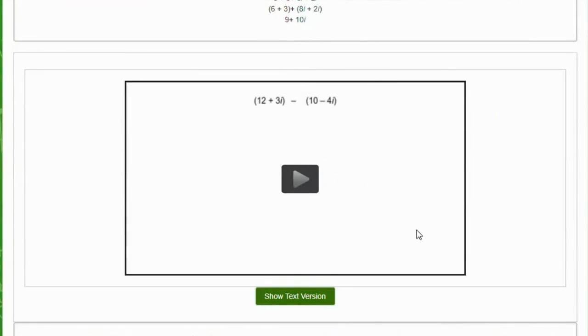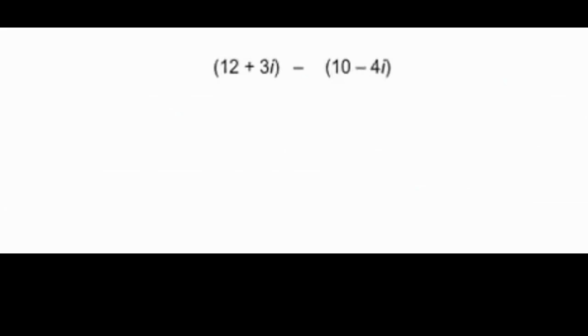Now, subtraction, you got to remember, there's parentheses, so that negative has to be negative 10 and negative 4i. You've combined expressions many times before, such as when you were combining polynomials and when you were combining radicals. The process for complex numbers is the same. Begin by distributing any coefficients.